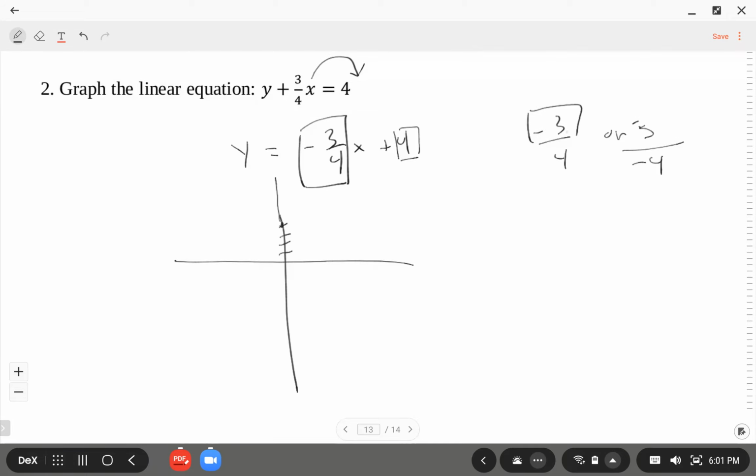So the y, we just go down by 3, right? Even if it's a fraction, it's not that hard, okay? You don't have to simplify it. You just go down by 3, 1, 2, 3, you get here. And then you have to go to the right by 4. 1, 2, 3, 4, right? Then you get this point.